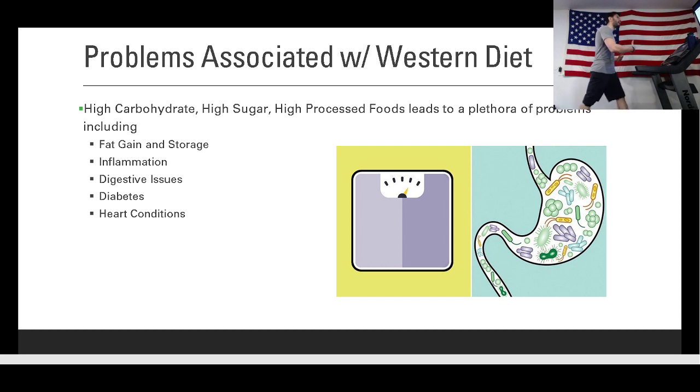Eating highly processed foods, high sugar, can lead to a lot of inflammation in the body. Swollen feet, swollen joints. Digestive issues, too. Putting all this crap in the body, a lot of this highly processed food that has a bunch of chemicals in it, our body wasn't meant to digest that. So it's no wonder people have acid reflux, leaky gut syndrome.